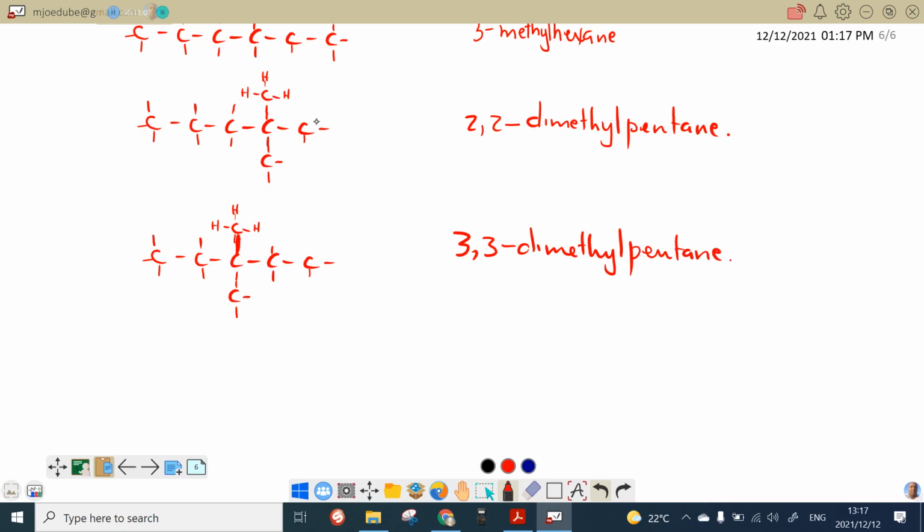So when you look at all of this, just make sure you've got all your hydrogens in place. Whenever you draw a structure, make sure all your hydrogens are in place. I left them out for purposes of time, but you must make sure that all hydrogens are in place and that the valency around each carbon is 4.